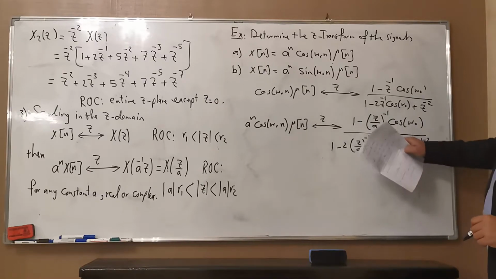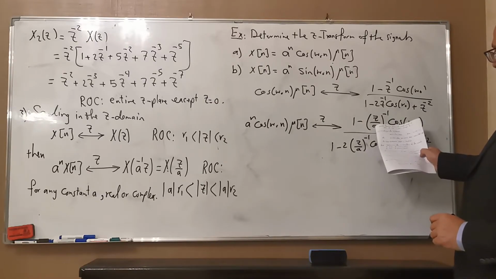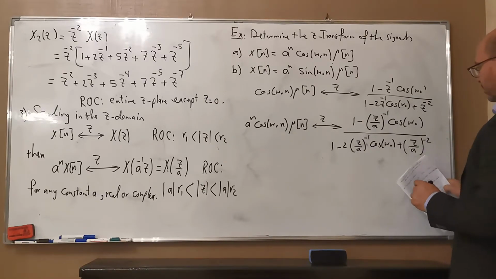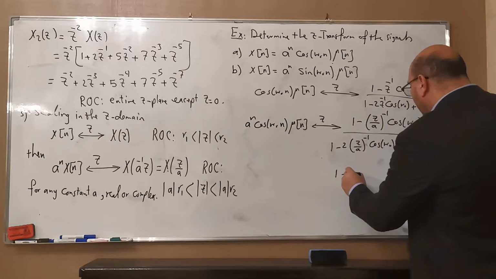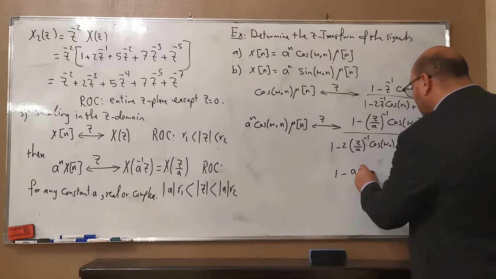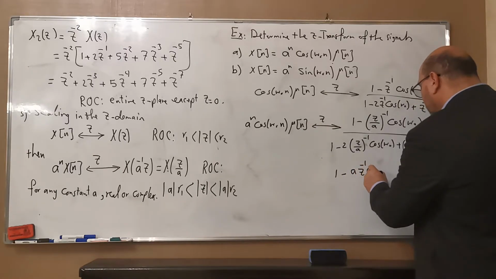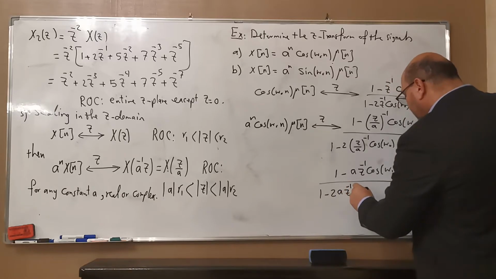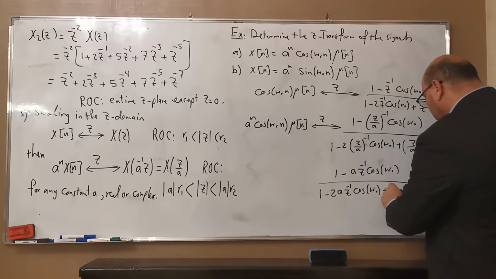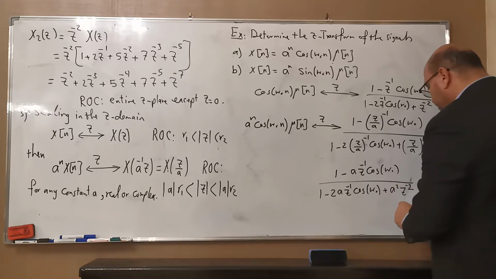Okay, with a little bit of manipulation, you can see that this equals 1 minus A Z inverse cosine omega 0 over 1 minus 2A Z inverse cosine omega 0 plus A squared Z to the minus 2.